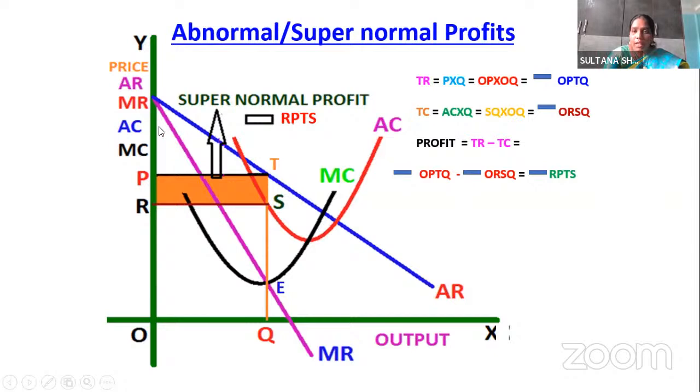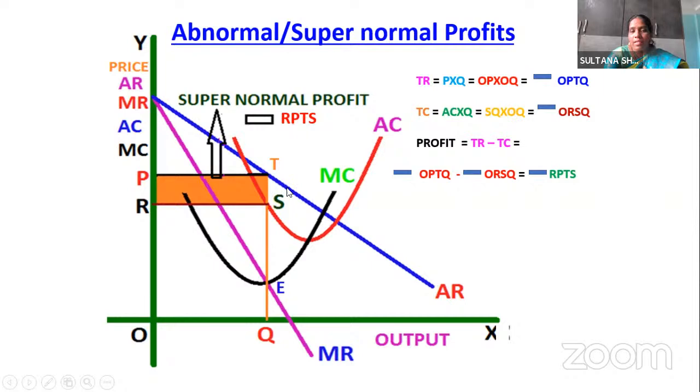So here I'm explaining the monopoly market firm equilibrium, whether in the short term the firm is getting normal profits or supernormal profits. Here you can observe the average cost. Now see, average revenue is greater than average cost. This is the AR curve, this is the AC curve.